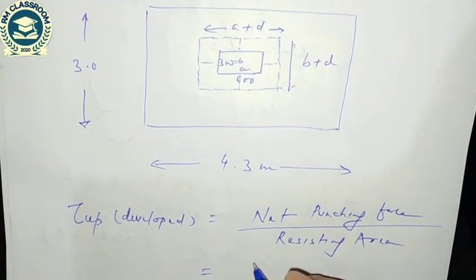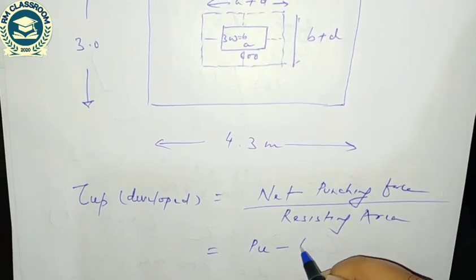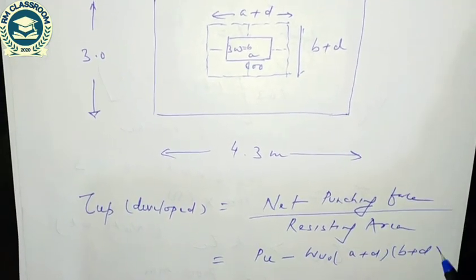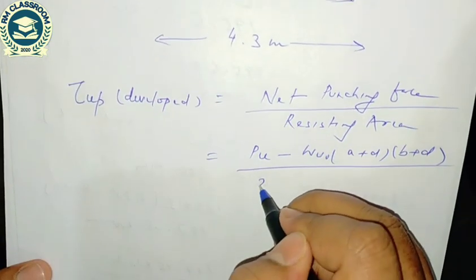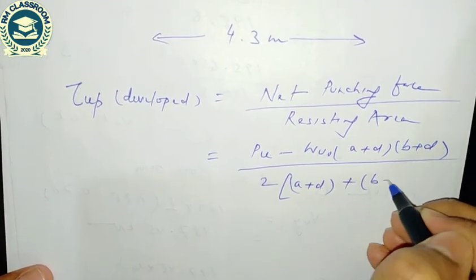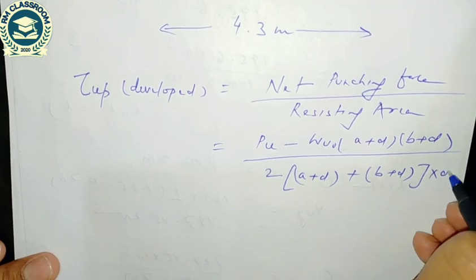Net punching force is Pu minus Wu naught into (A plus D) into (B plus D), and the resisting area is 2 times the perimeter (A plus D plus B plus D) into D.